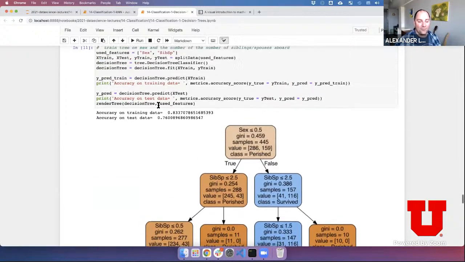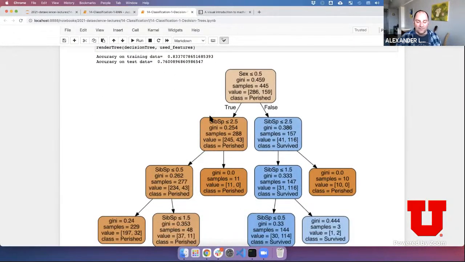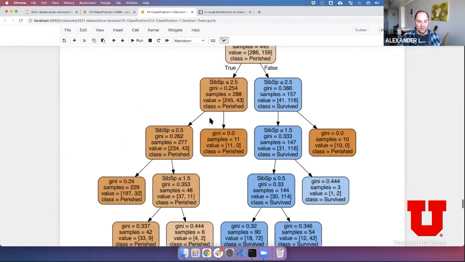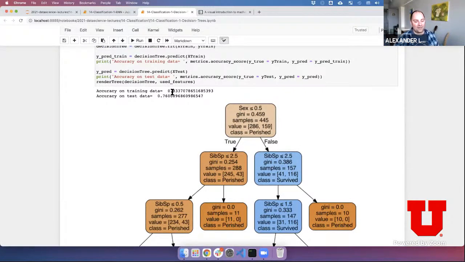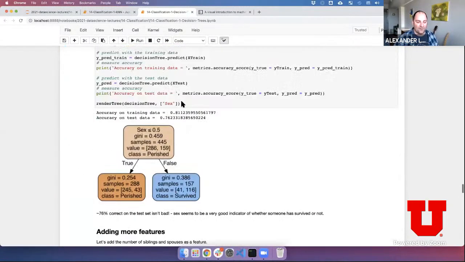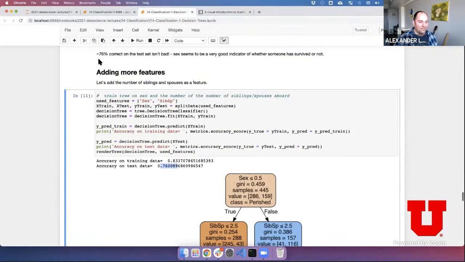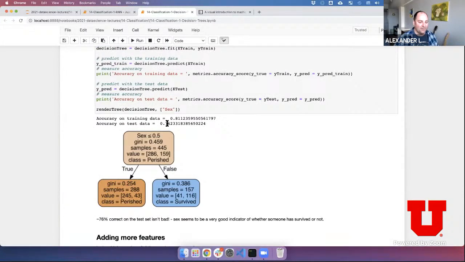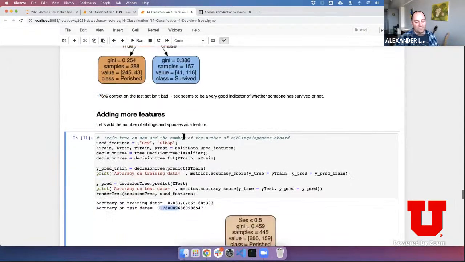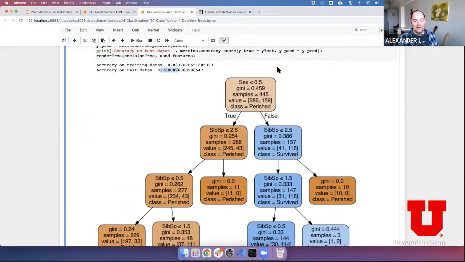And so now with these features, we get a much more complicated tree already. Our accuracy on the training set has gone up to 0.83, but our accuracy on the test data set hasn't gone up quite as much. We actually have slightly lower accuracy than we had before on our test data set. So clearly we are already overfitting our data.